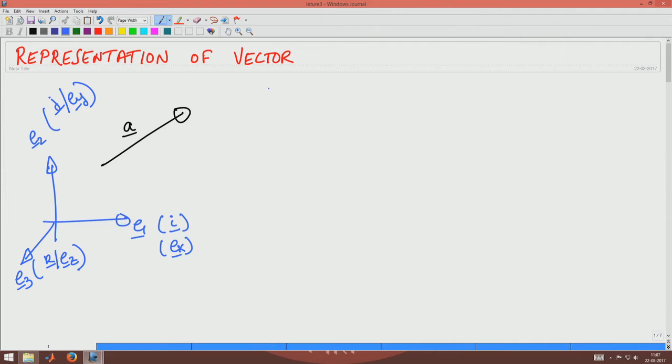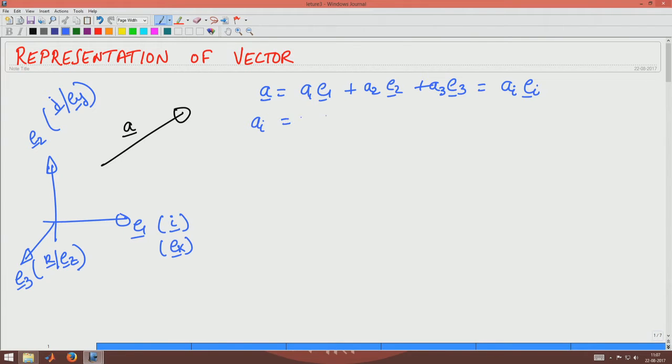So, when you write A as A1 E1 plus A2 E2 plus A3 E3, or succinctly this can be written as Ai Ei. This is the reason why I am using 1, 2, 3 as the index for the basis vectors rather than x, y, z or i, j, k. As we said in the last class, i is repeated twice and hence it is called a dummy index, and hence it has to be summed from 1 to 3, which is what I will stress from now on. Okay. Now, how do I find this Ai?